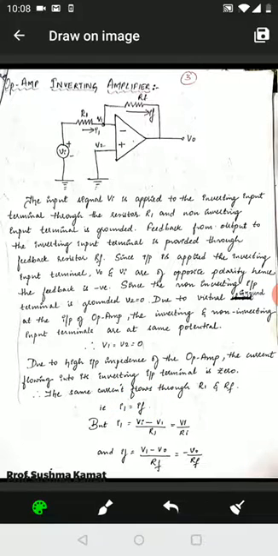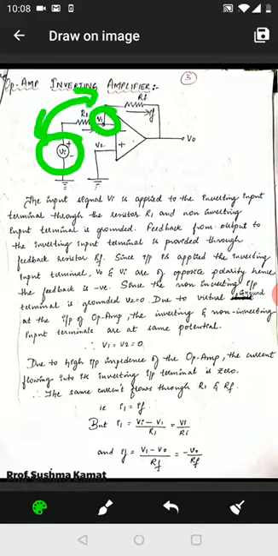Now let us try to understand the value for I1 and the value for IF. I1 is the current across the resistance R1, which is between two voltage potentials. The first voltage is Vi, the second voltage is V1. In between these two, the current flowing across resistance R1 is called I1.